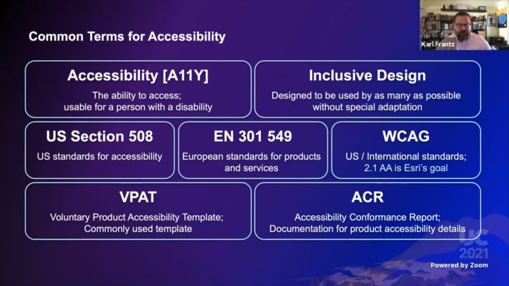Esri's current goal is to be in compliance with WCAG 2.1 AA. The VPAT, or VPAT, is the Voluntary Product Accessibility Template, which is used widely to organize WCAG success criteria. And finally, the ACR is the Accessibility Conformance Report that has been created and contextualized to a specific product.